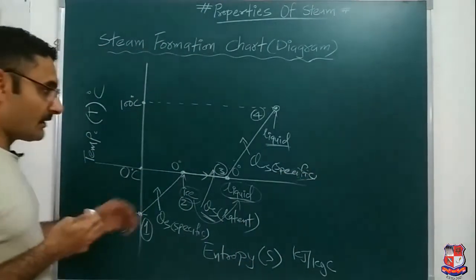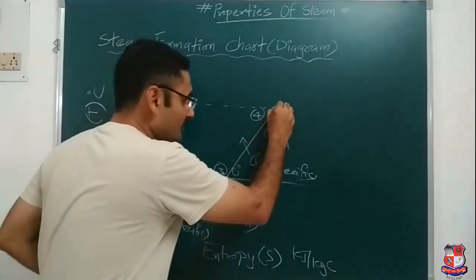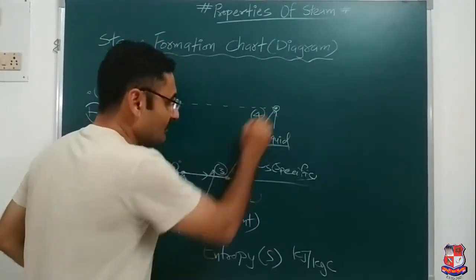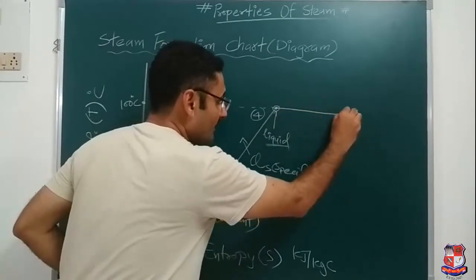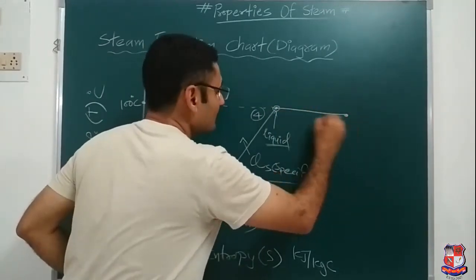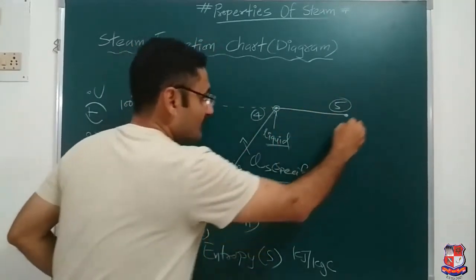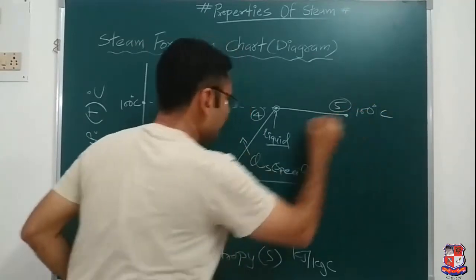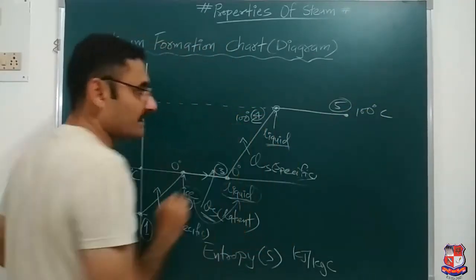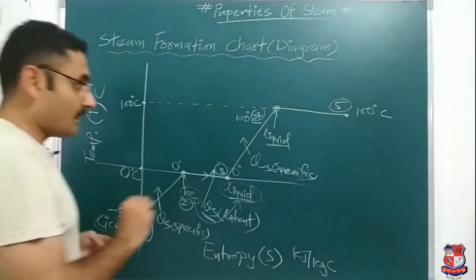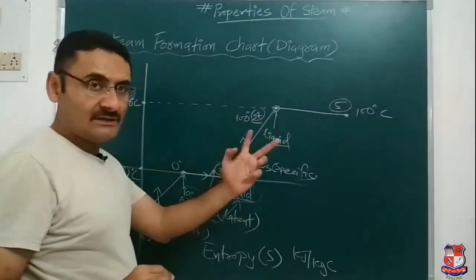Okay. Now after that, you supply more heat, from 4 to 5. The temperature is not changing. At point number 5, the temperature will remain 100 degree centigrade only. But at 100 degree centigrade, two chances are there.